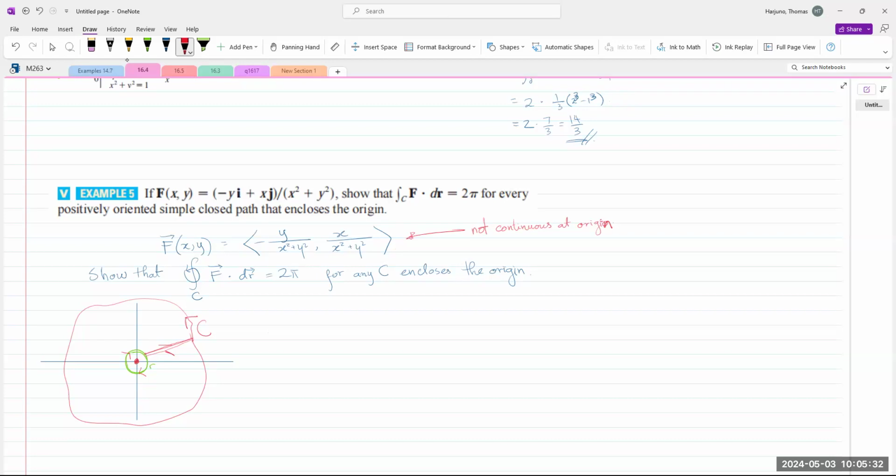Call these gamma 1, gamma 2, gamma 3. Notice that gamma 1 is the opposite of gamma 2, right? And gamma is basically the union of gamma 1, gamma 2, and gamma 3. So it's good.